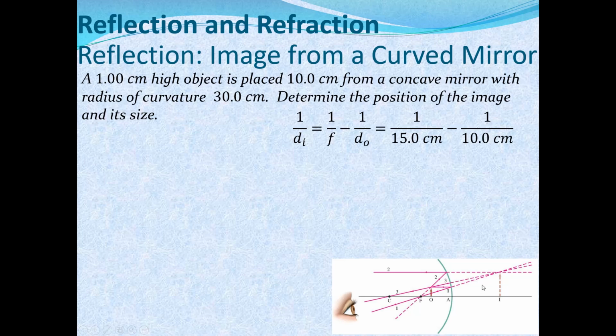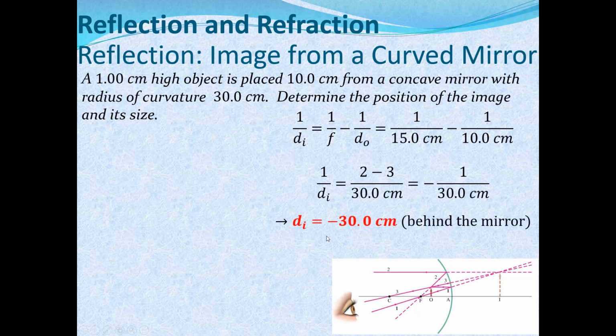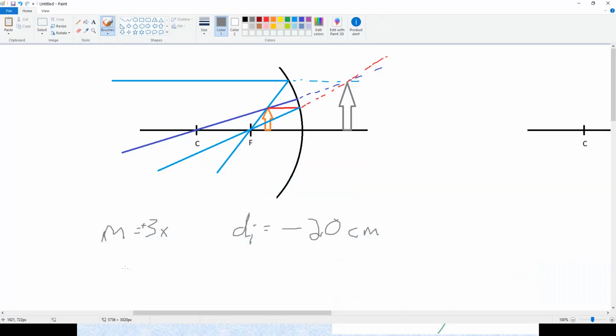So we take the equation again, we plug the numbers in, and we solve, and we get minus 30 centimeters behind the mirror. So let's see, what was my guess? Minus 20. So not too bad, a little bit off. We plug the numbers into the magnification equation. We get plus 3, which is spot on.